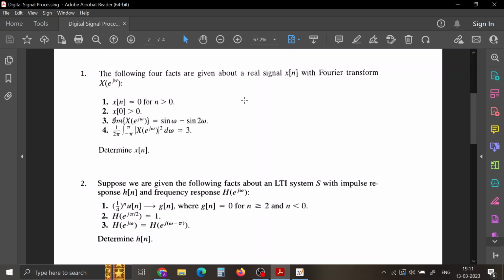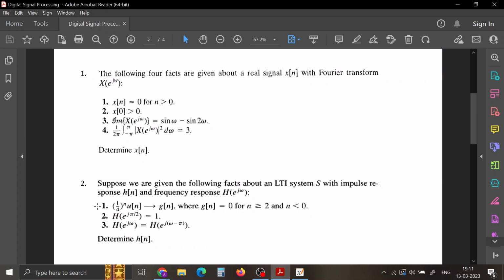In the first condition, if the input applied is (1/4) to the power n times u of n to the LTI system, it gives an output g of n, where g of n is 0 for n greater than or equal to 2 and n less than 0. So basically g of n is only non-zero for n equals 0 and 1, right?